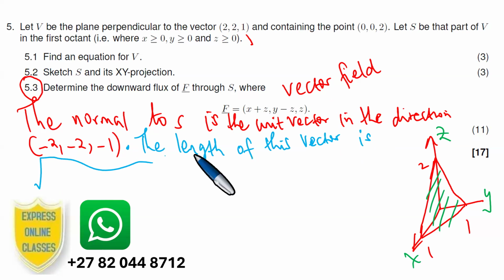Right, so now we're saying the normal to S is the unit vector in that direction. It's the unit vector in the opposite direction to this, because this is 2 to 1, and therefore normal to S is the unit vector in the opposite direction to this. Opposite to 2 to 1, you multiply 2 to 1 by negative, and then you have this one. So that the normal of this vector becomes the following.